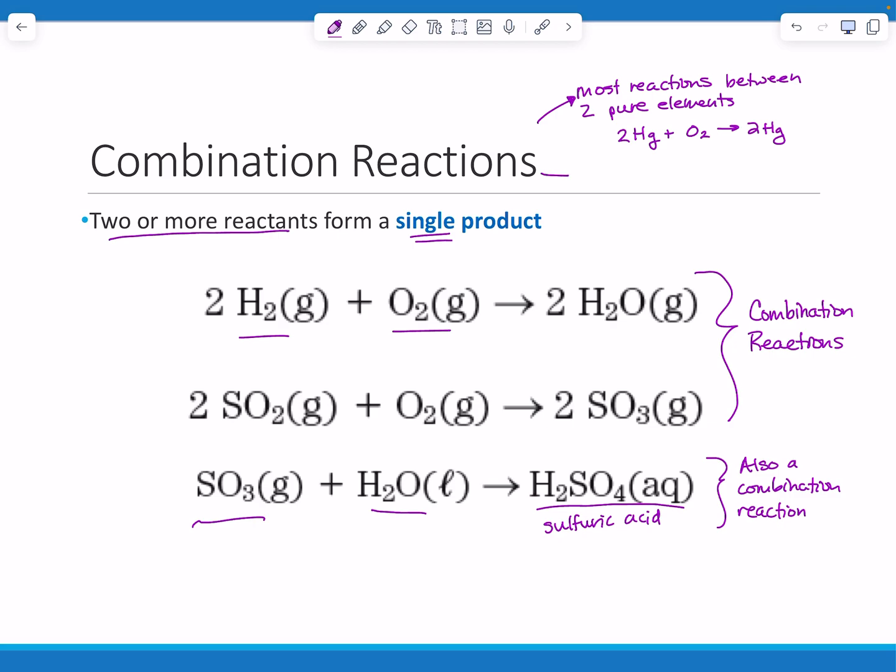So halogens, that's group 7A, are very reactive elements and participate in combination reactions.